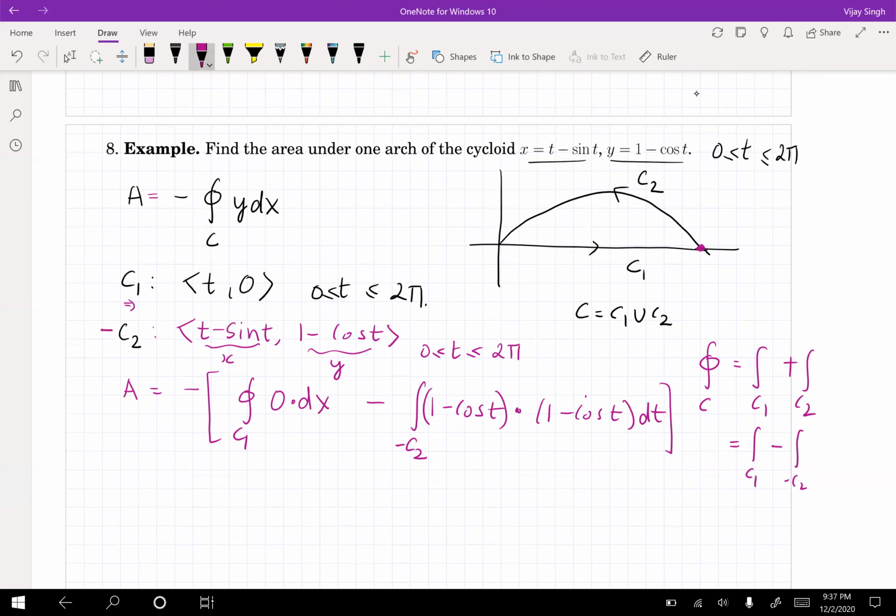So I have minus C2 now here, right? So the first part becomes 0. The second part is the integration over minus C2, which goes from 0 to 2 pi. This minus and this minus will cancel out each other. We have 1 minus cos t, the whole square, dt.